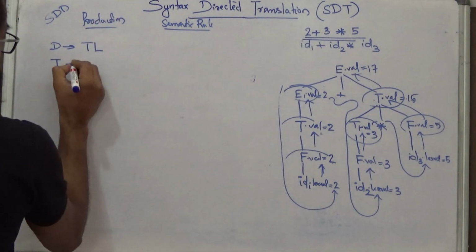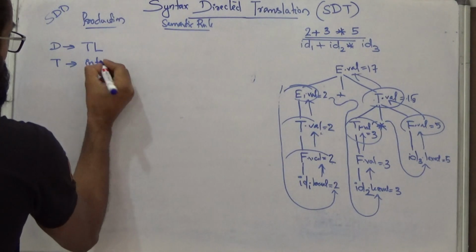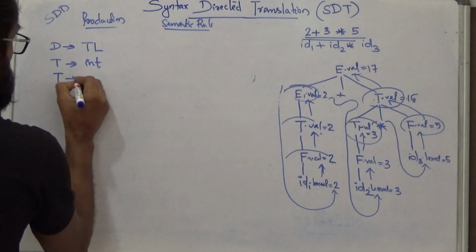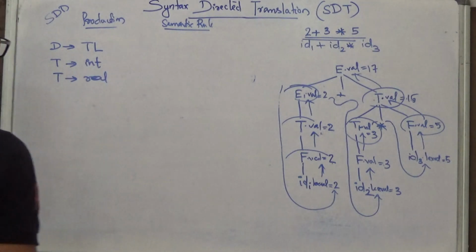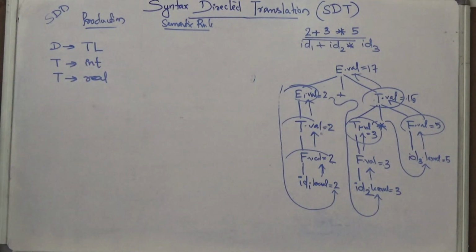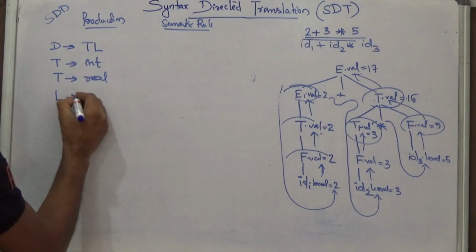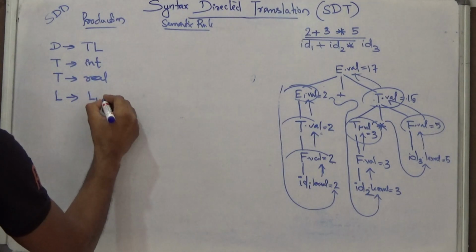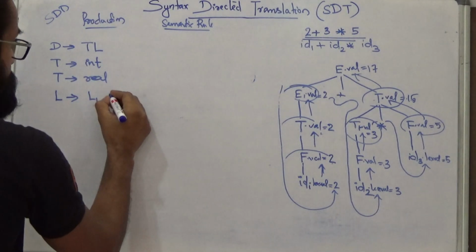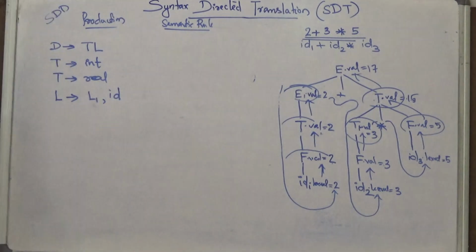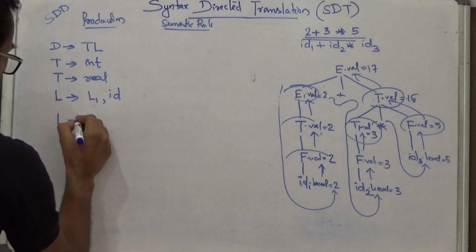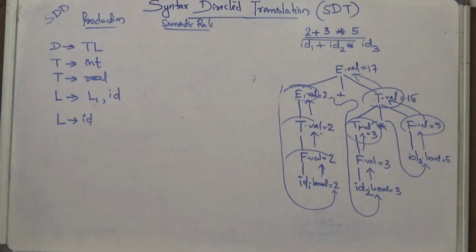Now T, let it be int, T giving real. So these are the two data types. You have L giving L1 comma ID, L giving ID. So these are the productions.